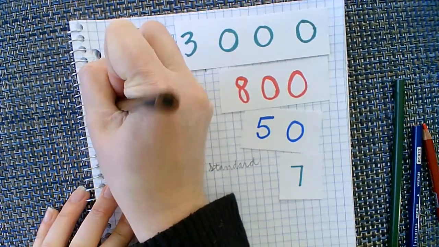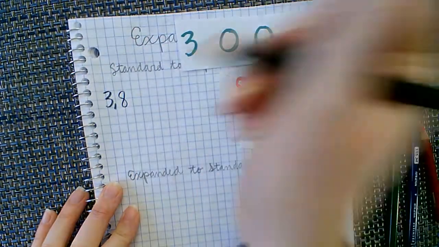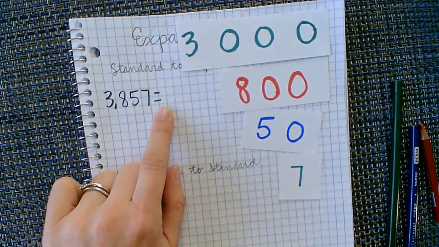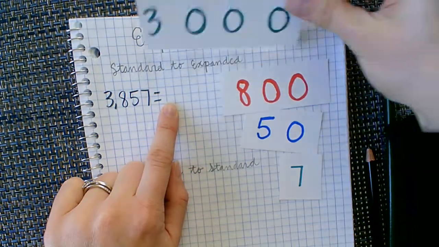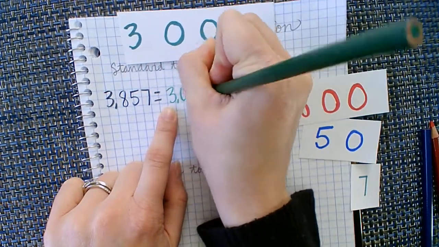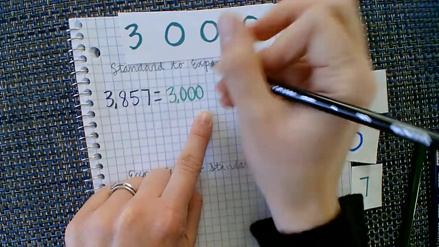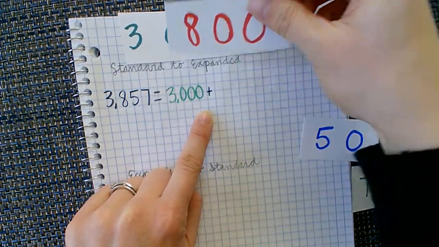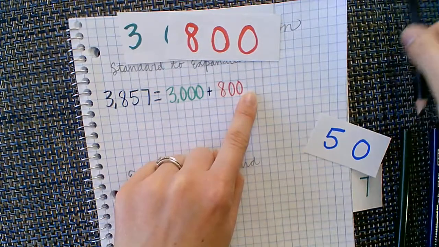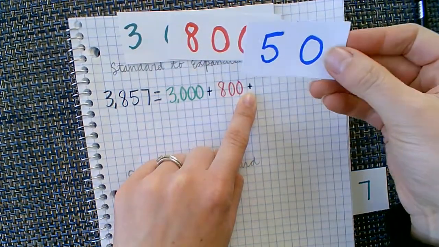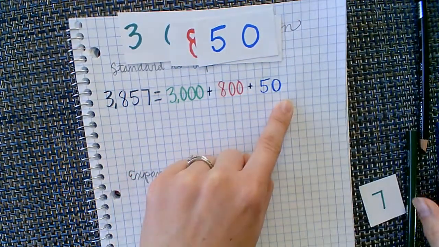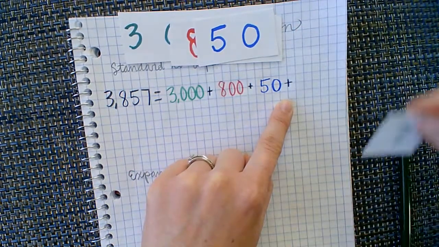So I'll write 3,857 equals, very simply put, 3,000 plus 800 plus 5 tens, or 50, and can't forget the last piece here, 7.